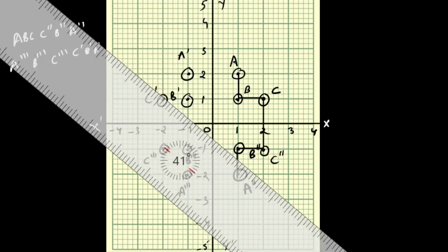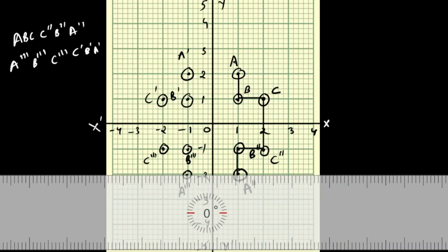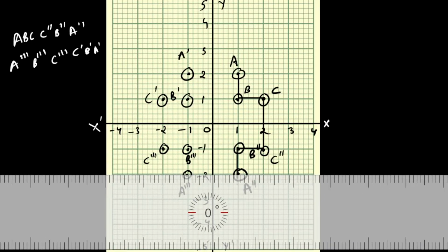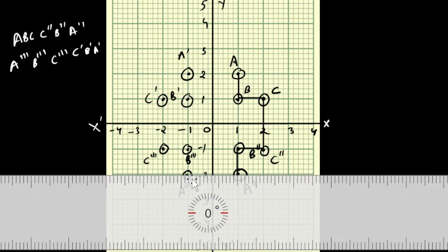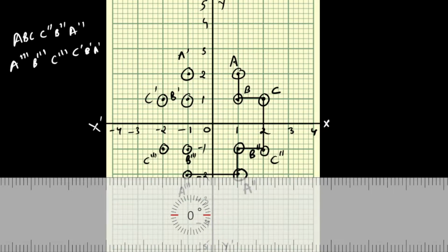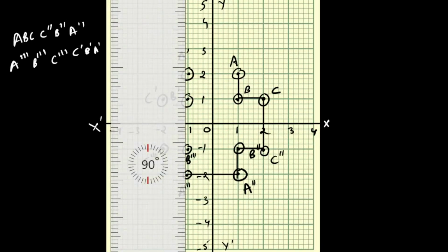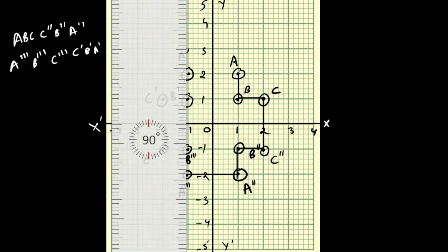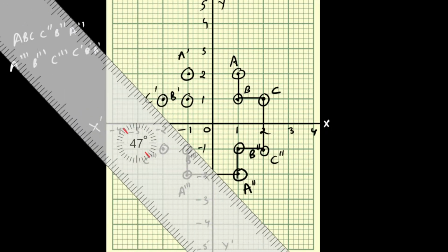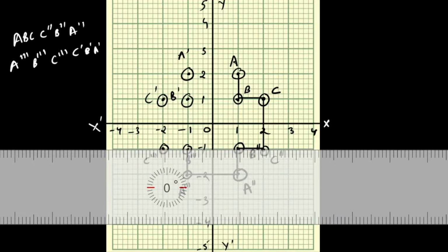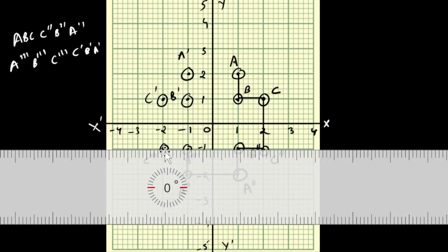So A double dash with A triple dash, then with B triple dash, then with C triple dash.